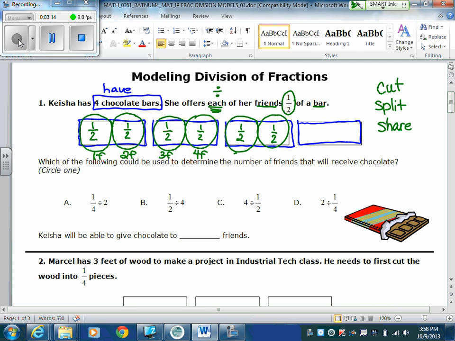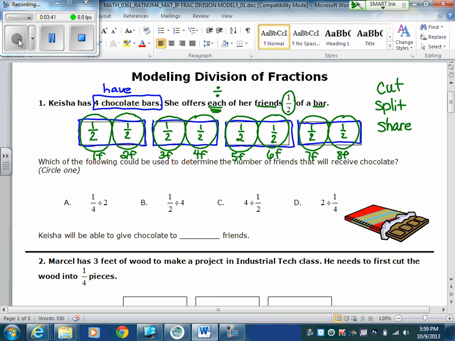Well, now we're at 5 friends, 6 friends. But she's still not done because she has a fourth candy bar. So we're going to split that up, or share it, by giving half and another half. So that would be 7 friends and 8 friends.